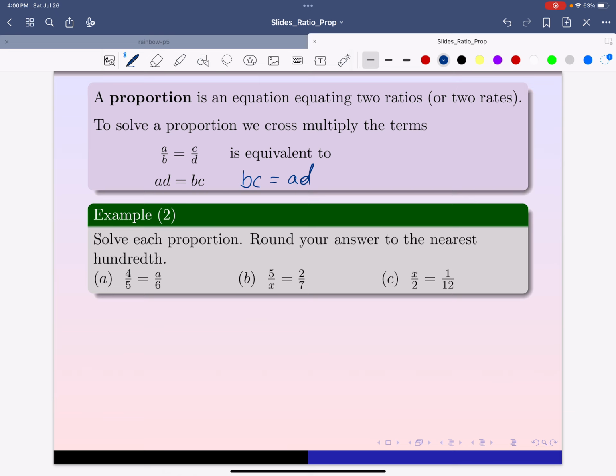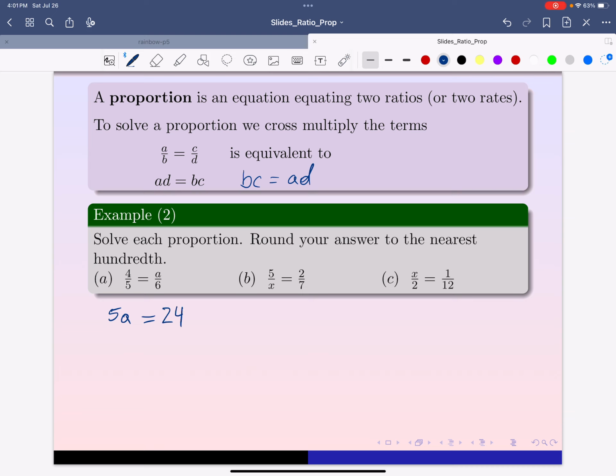So we have 5/4 is equal to A over 6. We're going to cross multiply. 5 times A is 5A, is equal to 4 times 6, which is 24.